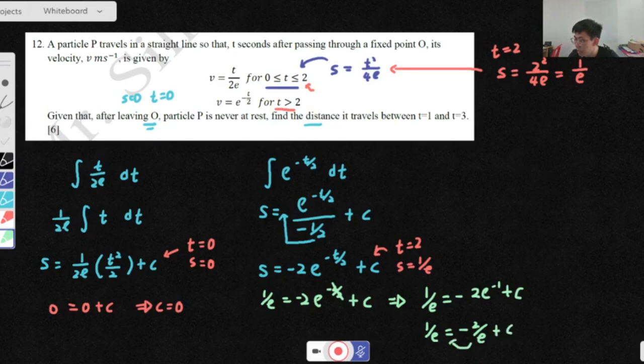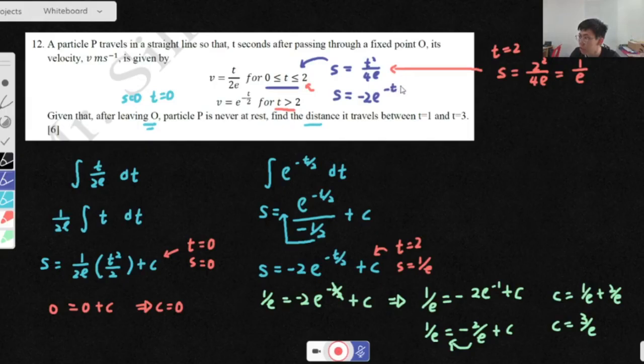So c is 1 over e plus 2 over e. Because the denominators are the same, you can just add them up, so you get 3 over e. So the displacement is minus 2e to the negative t over 2 plus c, which is 3 over e.